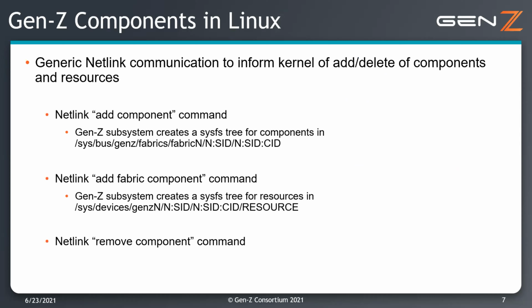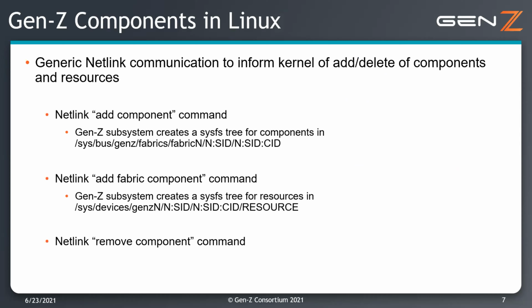Okay, so I mentioned Netlink before as the communication method from user space to the kernel. This is just a little more detail about the two different styles of Netlink commands. The first one is actually labeled wrong on this slide.